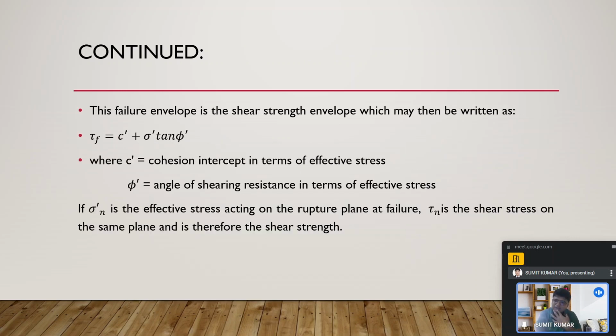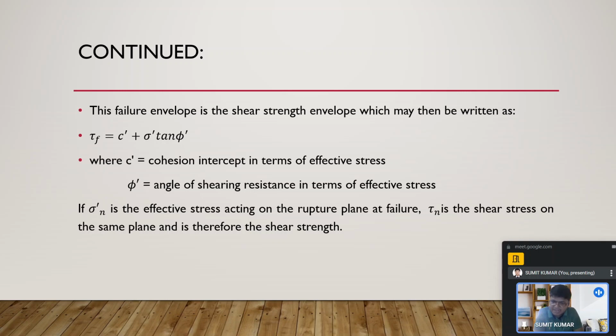Moving ahead, the failure envelope is the shear strength envelope, which may be written as tau f equal to c dash plus sigma dash tan phi dash, where c dash is the cohesion and phi dash is the angle of resistance in terms of effective stress.